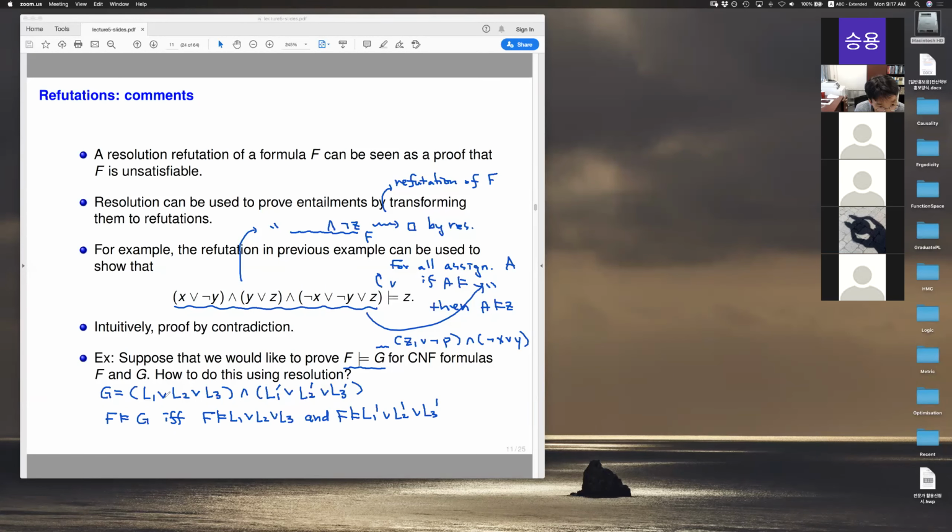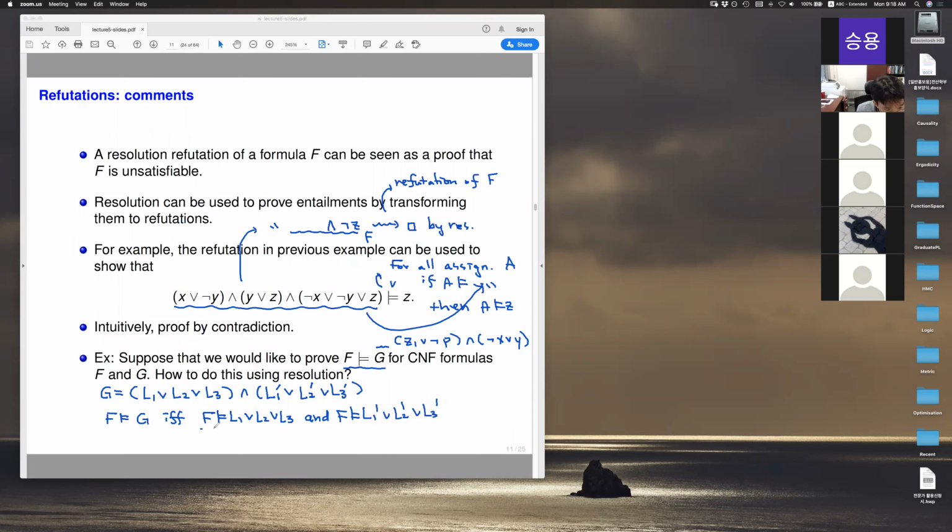Because G is a conjunction of these two, F semantically implies G precisely when F semantically implies the first conjunct of G, and also F semantically implies the second conjunct. This can be proved using the semantics that we learned before. For this case, we can prove this semantic entailment by proof by contradiction. So this one can be checked.